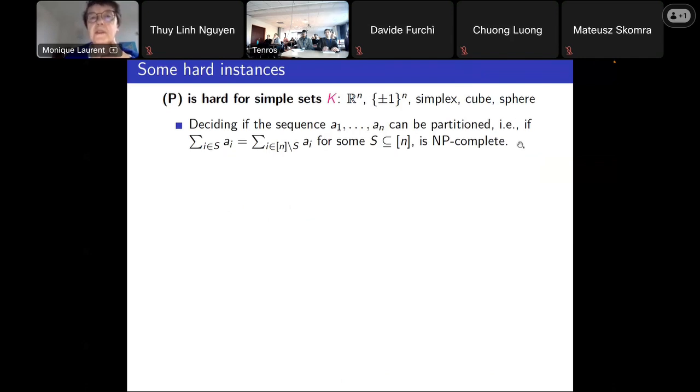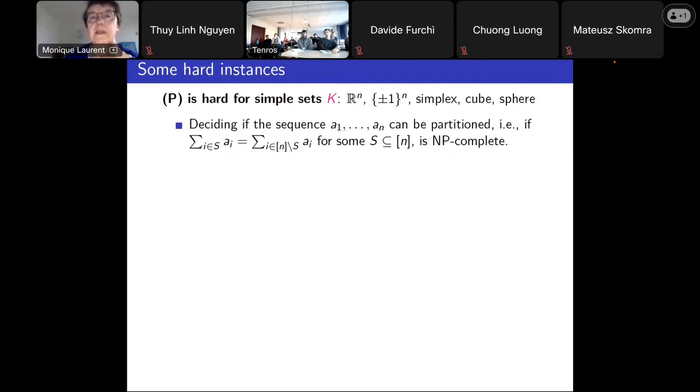This is a combinatorial example. Suppose we have a sequence of integer numbers a1 up to an, and we want to decide whether one can partition the sequence, which means split it into two subsets, so that the sum of the ai over the first set S is equal to the sum of the ai over the complement of S. So you want to partition the sequence into two subsequences of equal sums. And this is a well-known NP-complete problem.